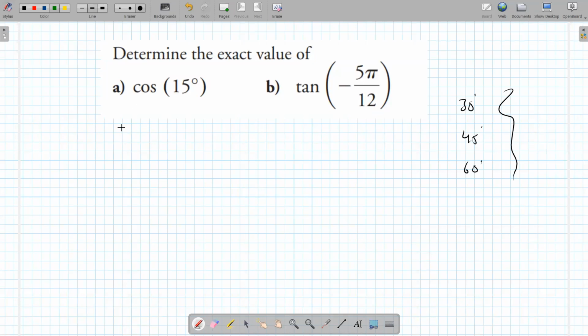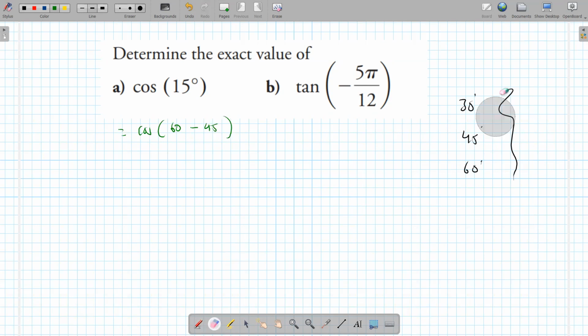What if I did this? Cosine of 15. If I did cosine of 60 minus 45, would that be true? It would. Yeah, it would be true, right? Now, why are we writing it like this? It's because we know the value of 60 and we know the exact value of 45. That's why you have to write 15 in terms of those two.